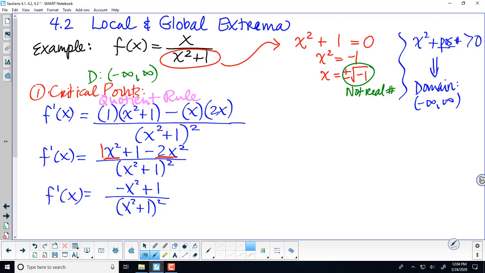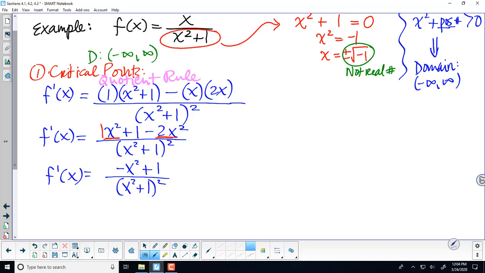Okay, so if you recall, when we want to set that equal to 0, basically a rational expression is only 0 when the top is 0. So set the numerator equal to 0 to find that. Because remember, this is always positive. It's always positive.